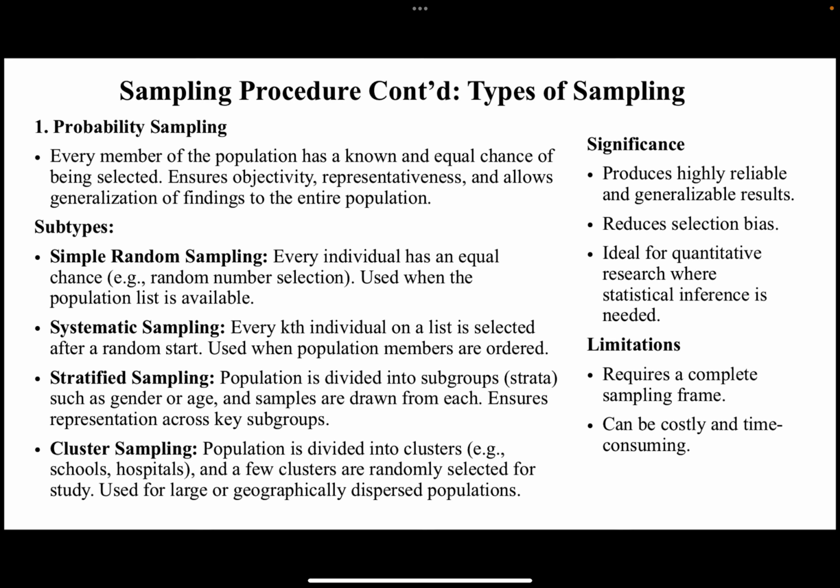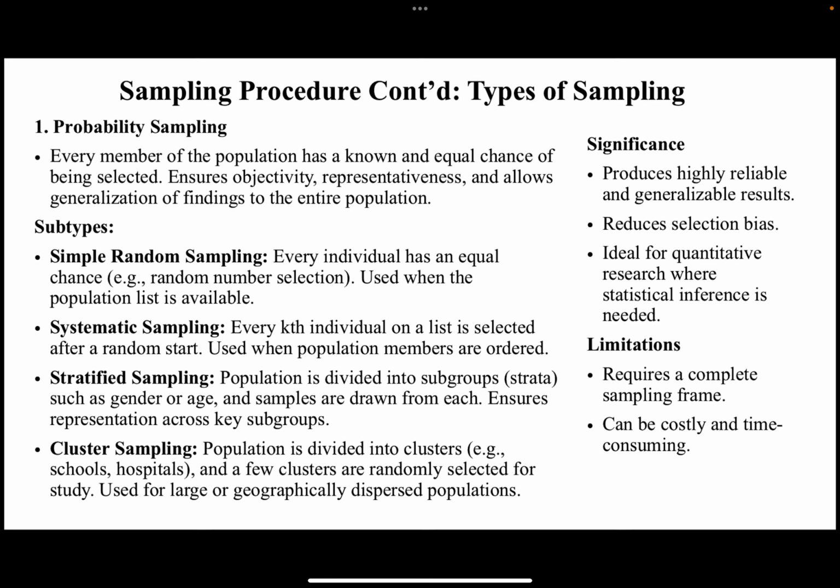So we use a certain process to get a portion from the population. But at the end of the day, the portion should be a representation of the larger population. That process of getting that portion is what we call the sampling procedure or the sampling technique. In forming the portion, we have two broad ways we can get it out of the population. The first method is the probability sampling.